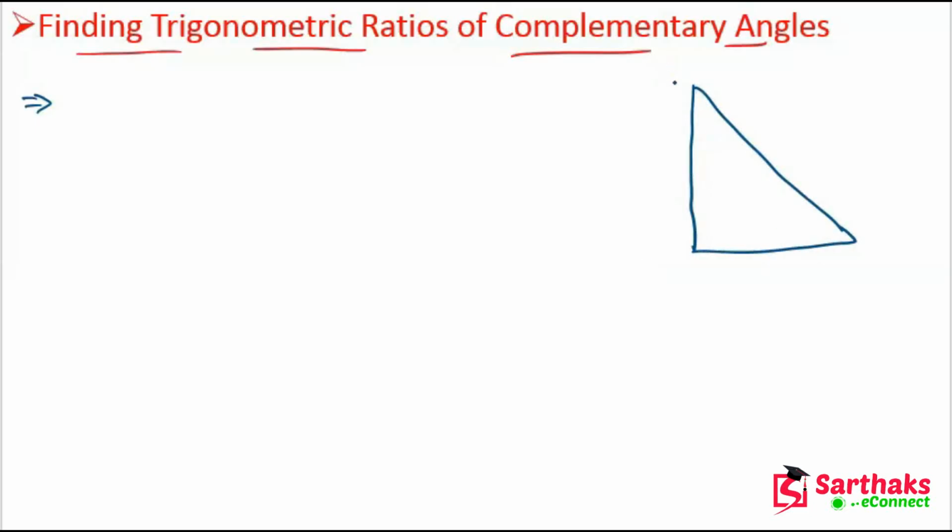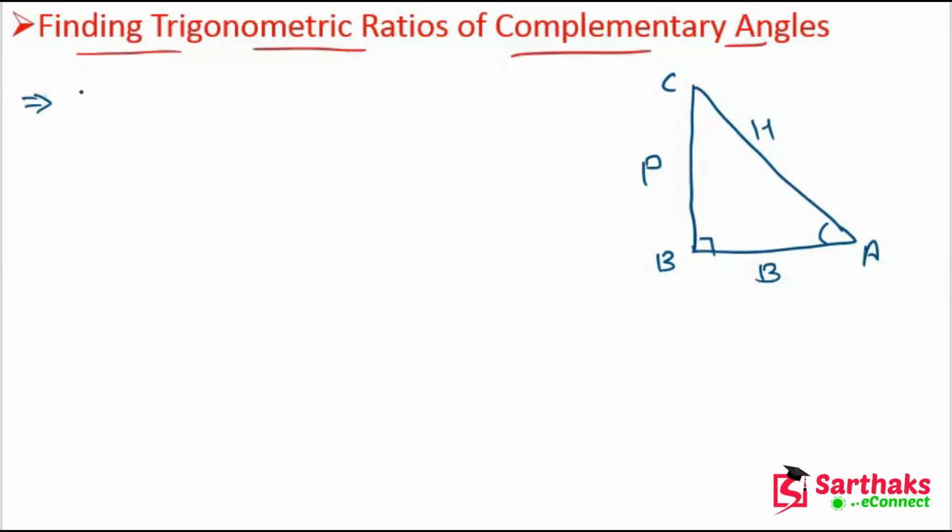This is A, B and C. This is 90 degrees, and this is angle A, an acute angle. This is our hypotenuse, this is base, and this is perpendicular. Now angle A and angle C are complementary angles.